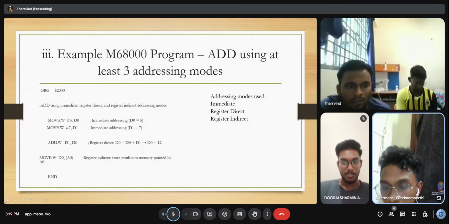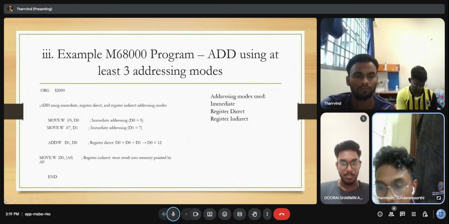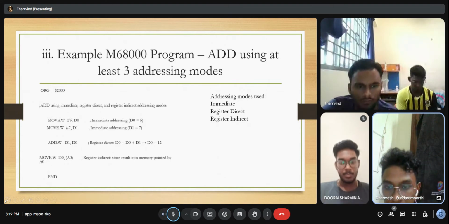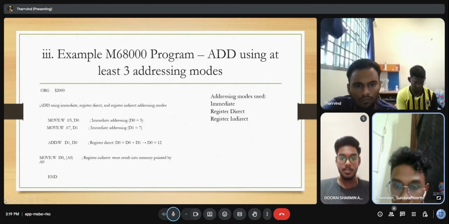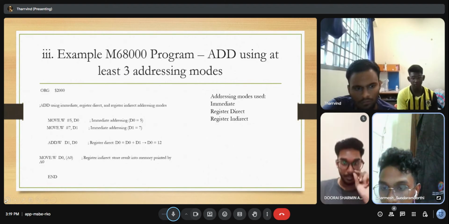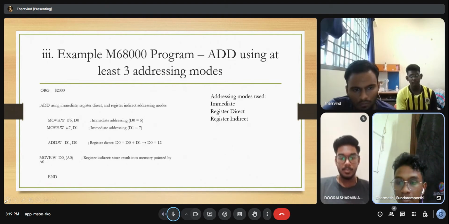Next is MOVE.W #7, D1, which is immediate addressing for D1 equals 7. Next is ADD.W D1, D0, which is register direct, so D0 equals D0 plus D1, and D0 is equal to 12. Then next is MOVE.W D0, which is register indirect, storing the result into the memory pointed to by A0, and finally it's the end.